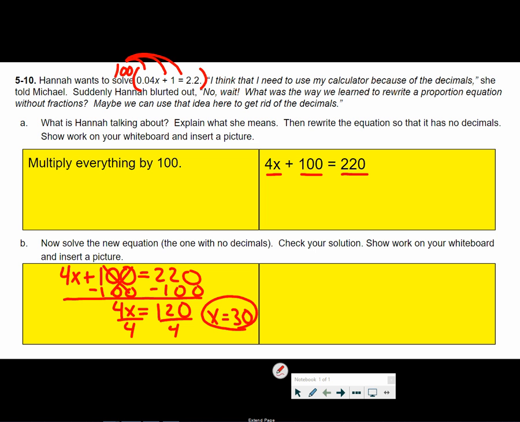Then I want to check my solution, so I plug it back into the original problem. So I end up with 1.2 plus 1, and it does work. 2.2 equals 2.2.